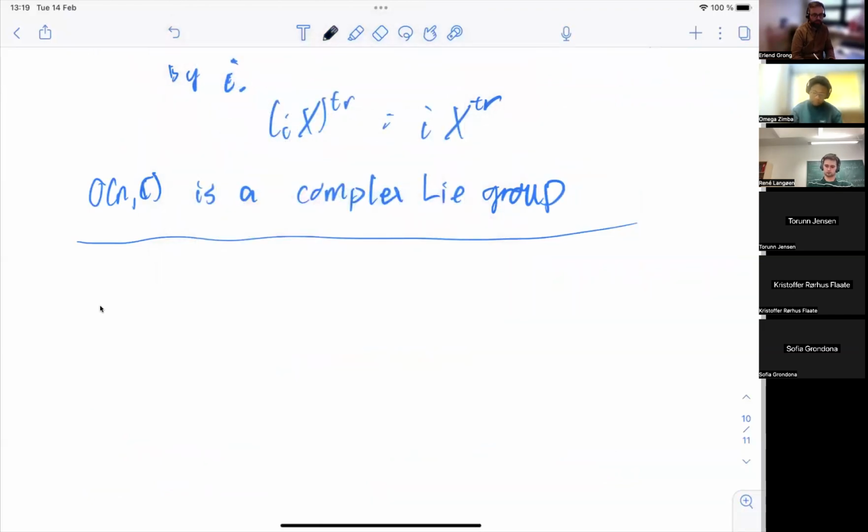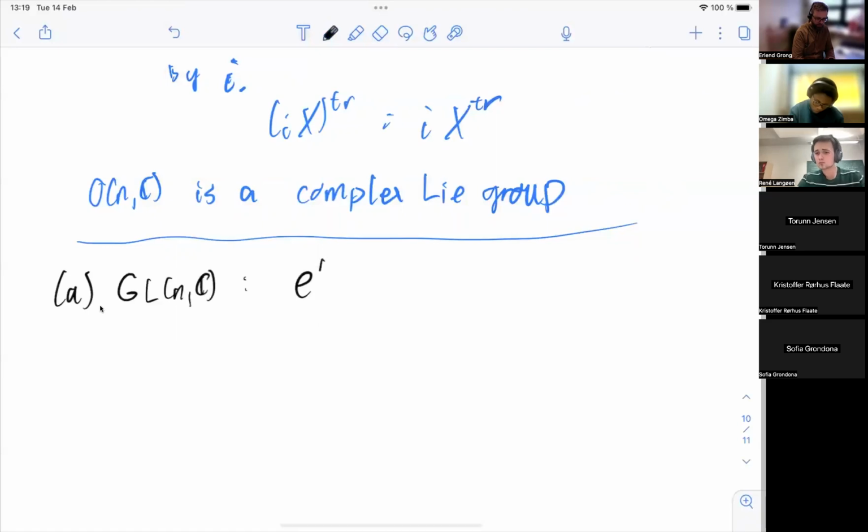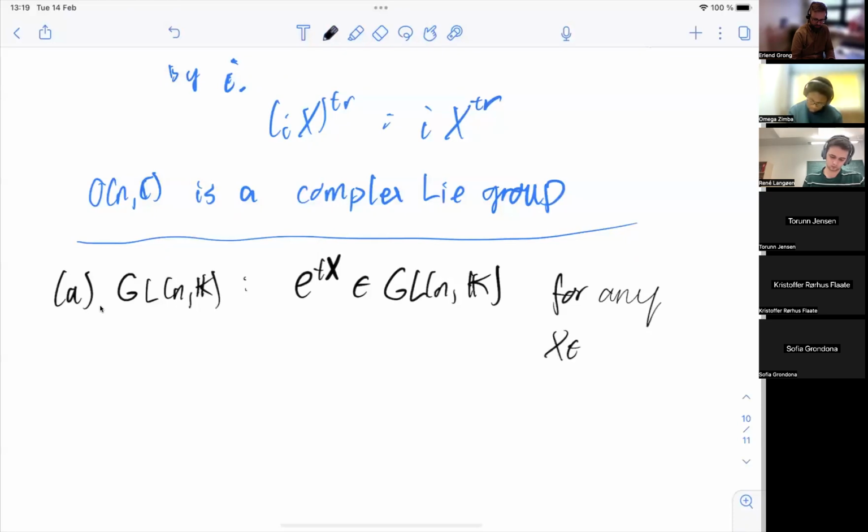So what about the proof of this? So for A, for GL(n, K) for general K, we have that e^{tX} is in this group, the matrix exponential, for any X in the n by n matrices, by definition.